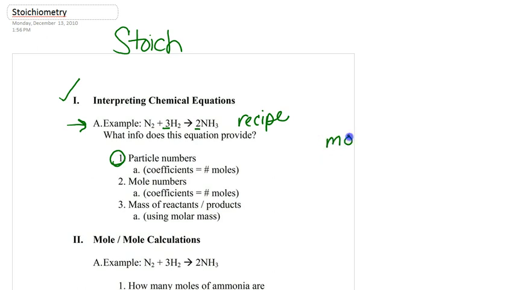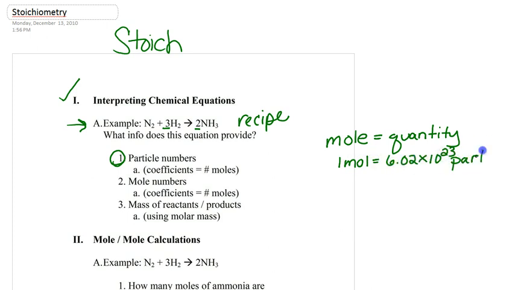Remember what a mole means. A mole is, again, a way to quantify something. It's a quantity. And so if you have a mole of something, 1 mole is equal to 6.02 times 10 to the 23rd particles of something. And we also know that 1 mole is equal to a certain number of grams, right?